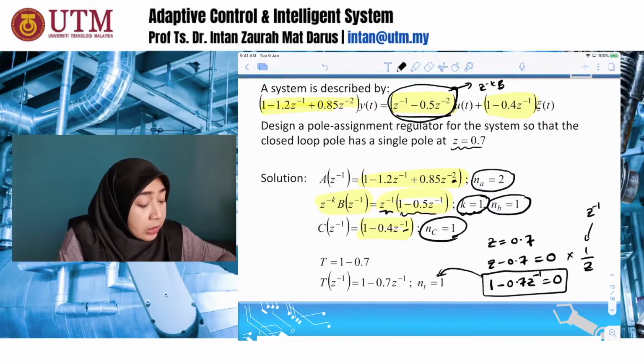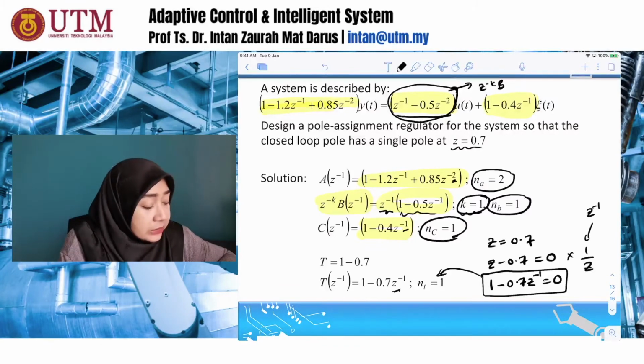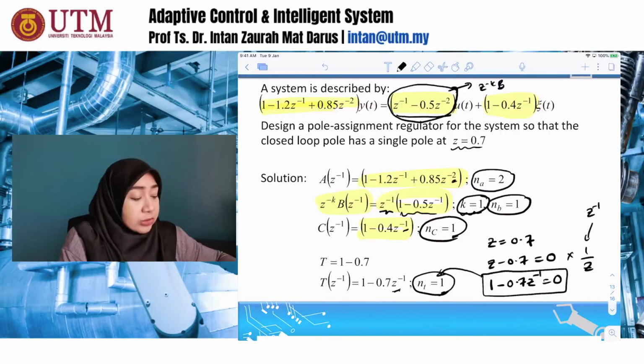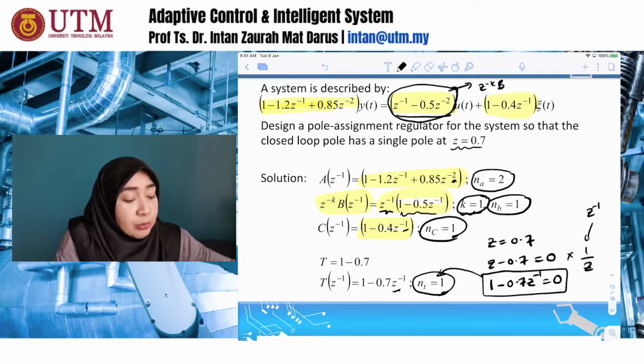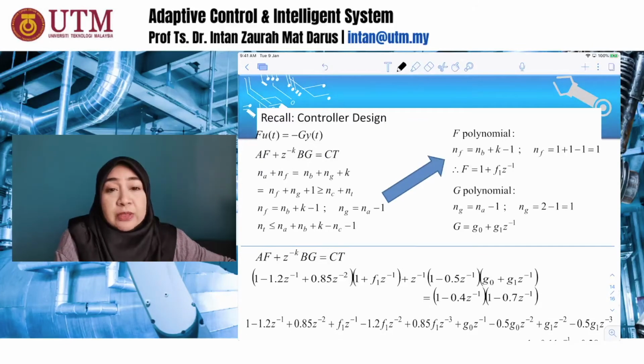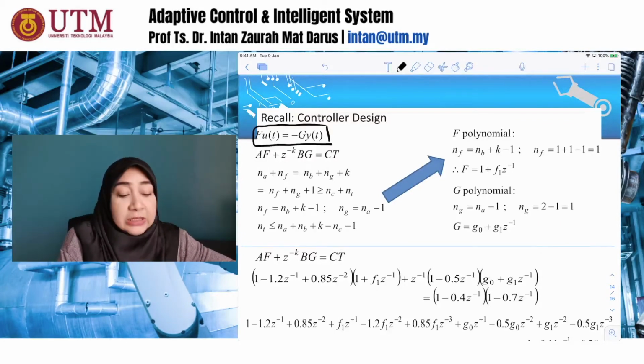So with that I know that the model order is z minus 1, so the model order of T is equal to 1. All right, so having this model order, we can then put it into our controller. If you recall the controller from the previous slide, the controller is F multiplied by u(t) equals negative G y(t).